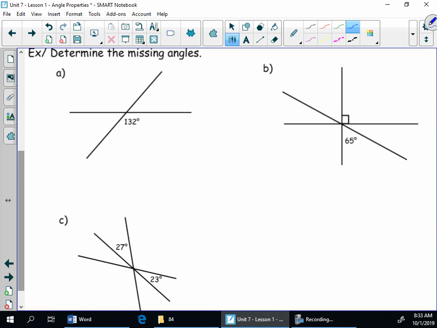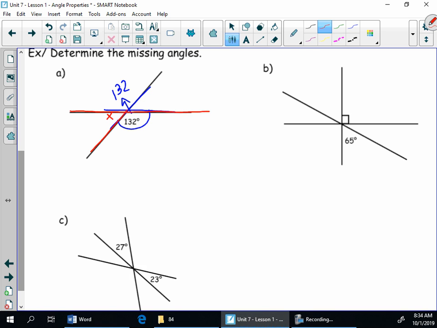Now, 132 is between this line and this line. That angle right there. Well, across from it must also be 132. But it said determine the missing angle, so we've got some other angles to figure out here. What else can we figure out? Well, here's an interesting idea. A straight line being met by another line.